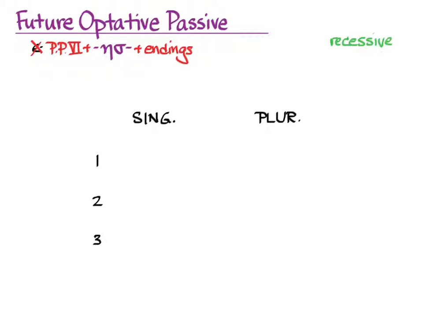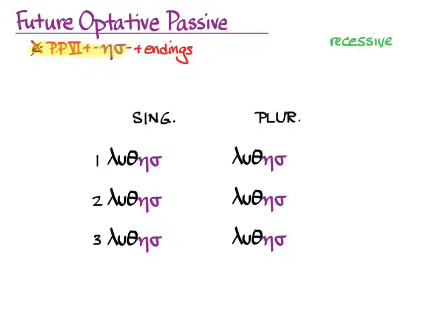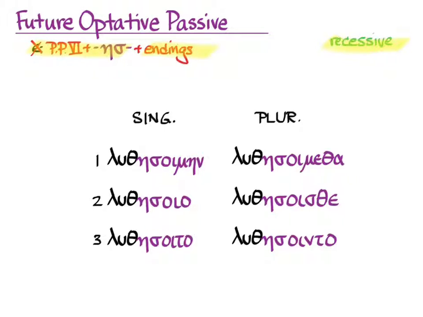So when we put that together, we will have these stems with the infix, the extra thes syllable, plus the endings, and with the recessive accent, it's going to be luthesoimen, luthesoio, luthesoito, luthesoimetha, luthesoisthe, and luthesointo. Not too hard. Exactly the patterns I think you would expect from the things you already know about the future in other moods.